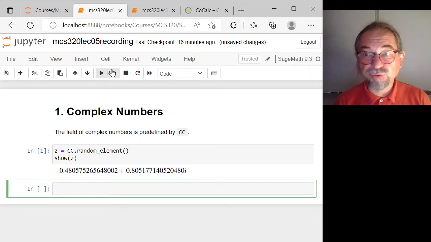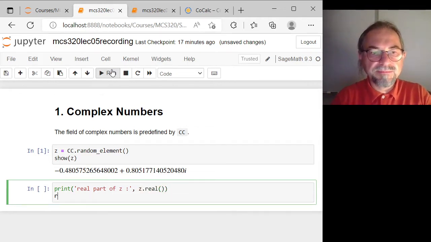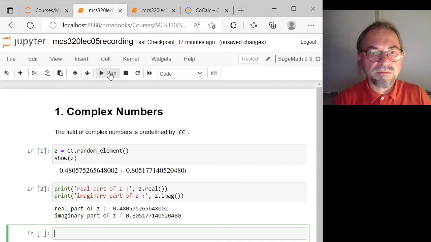As you can see, it is a floating point element, because CC works over the MPFR number field. We can look at the real part of z, and I can print the imaginary part of this complex number. So you see the two components.